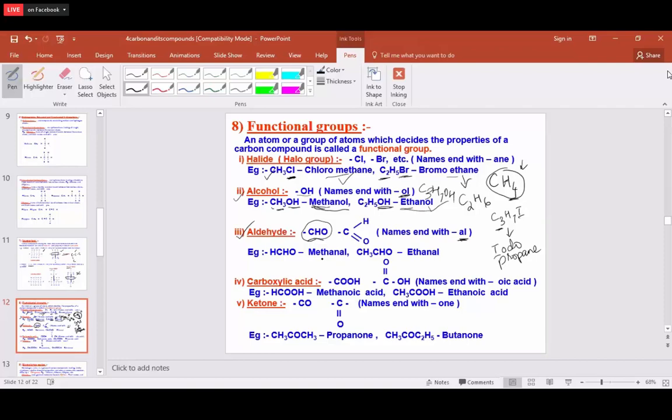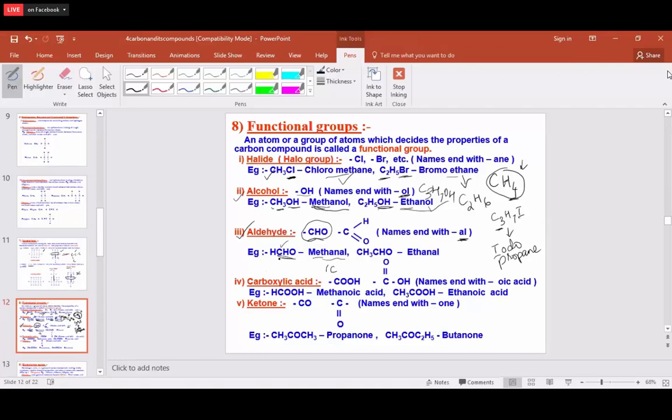So methanal. AL indicates that it contains the CHO. Meth means only one carbon atom, and CHO already has one carbon atom, so we should not write one more carbon atom.